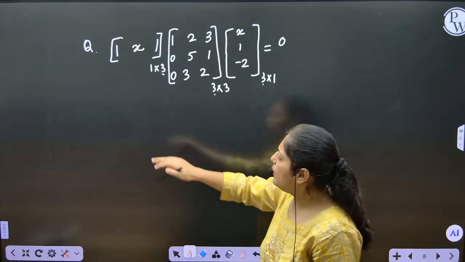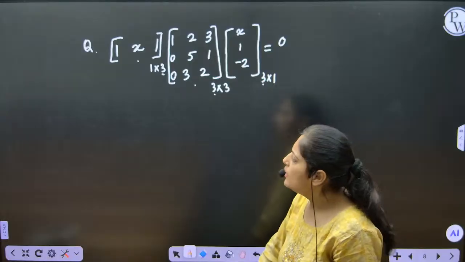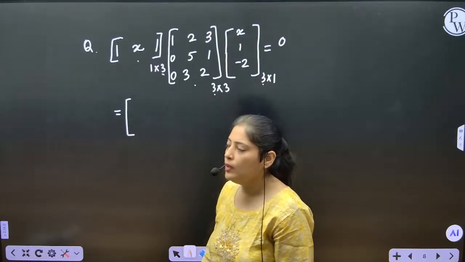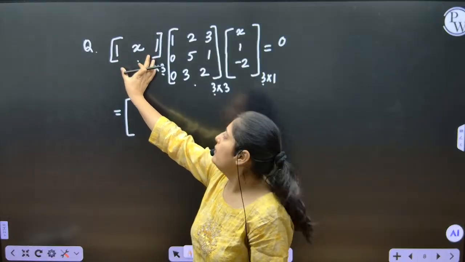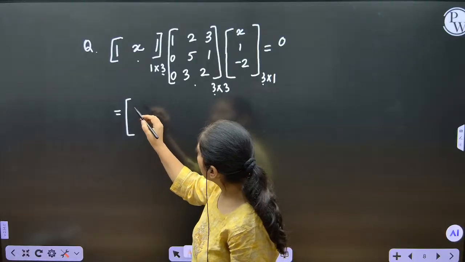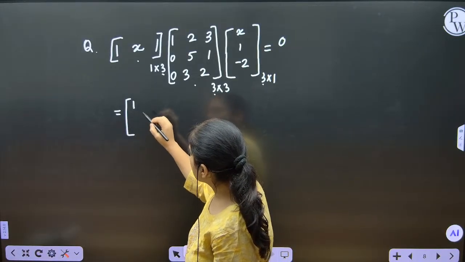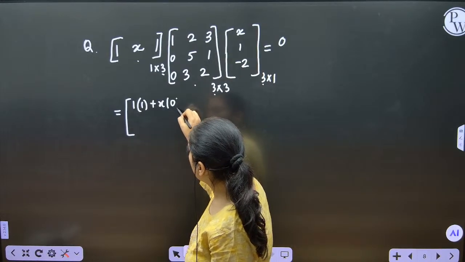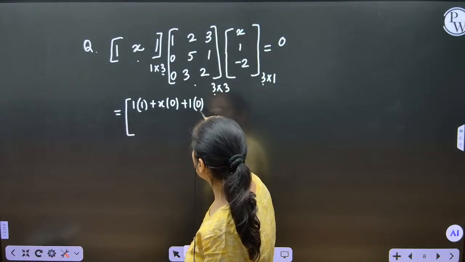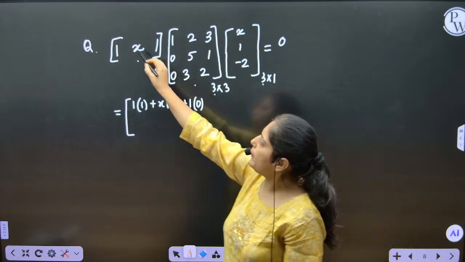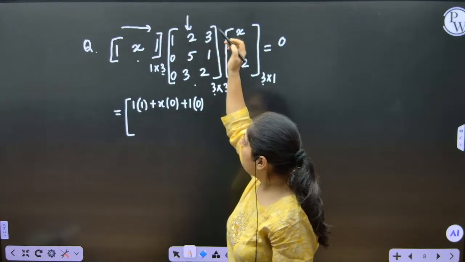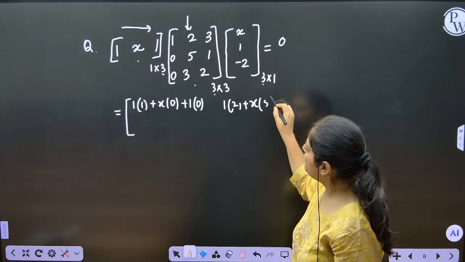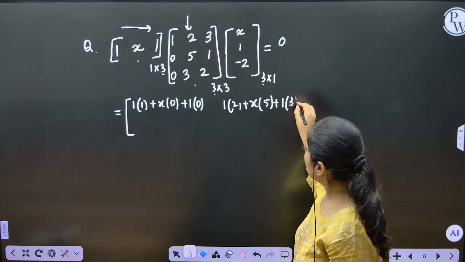So we'll multiply this matrix with this matrix. Only one row is there. The first row will be multiplied with the first column: 1 into 1 is 1, 1 into x is x, plus 1 into 0. Similarly, the first row will be multiplied with the second column: 1 into 2, x into 5, plus 1 into 3.